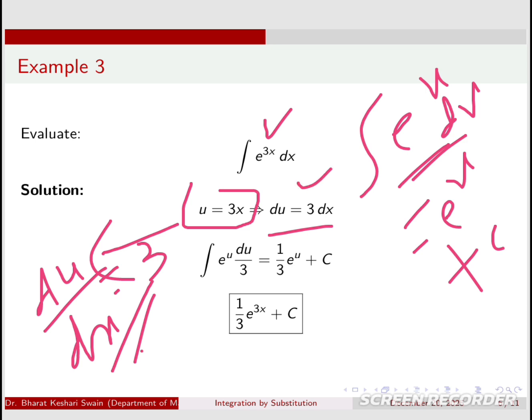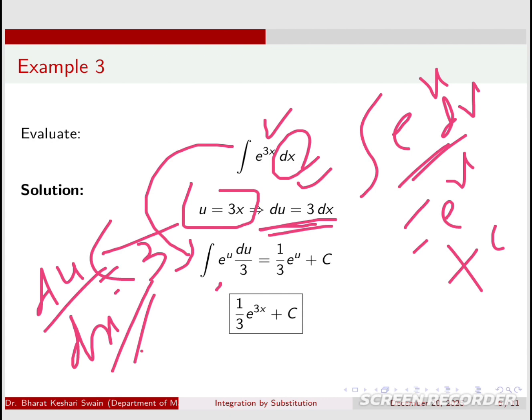So your integral is reduced to e to the power u, because 3x is equal to u, and in place of dx, what will be the value? dx is equal to du by 3, because du equal to 3dx.